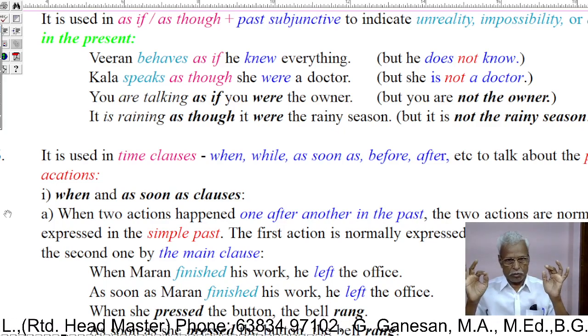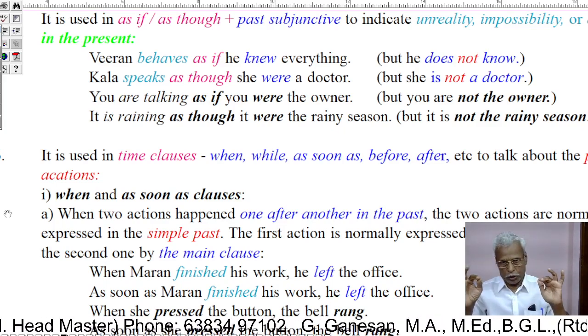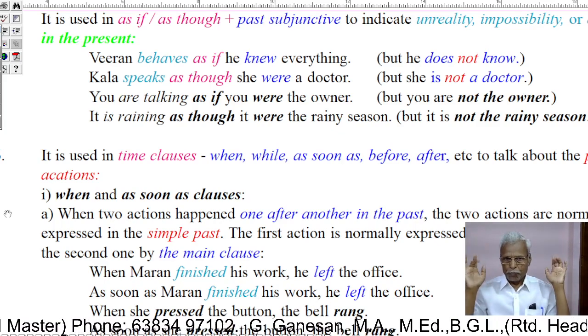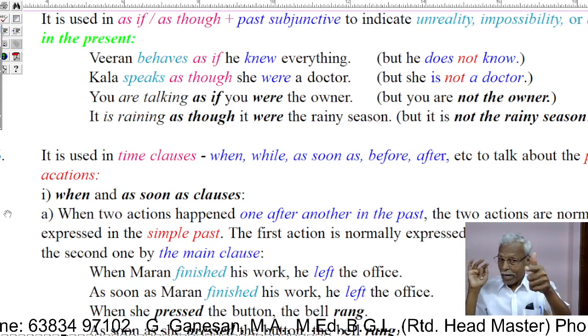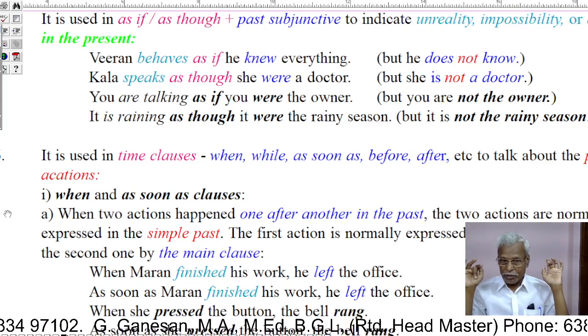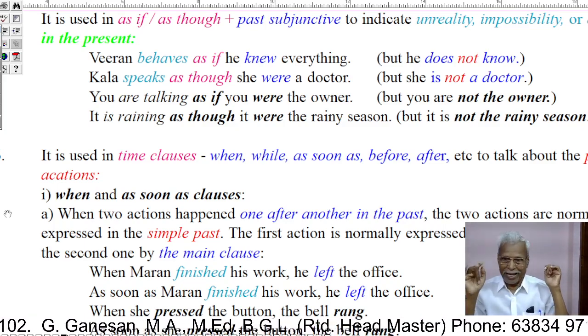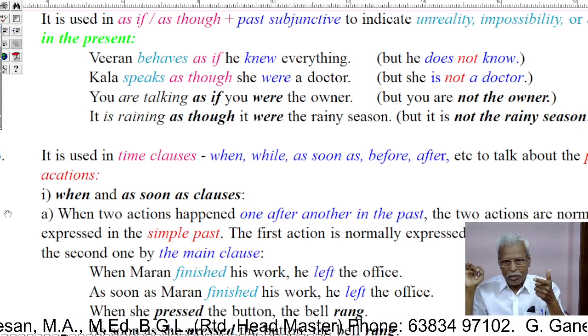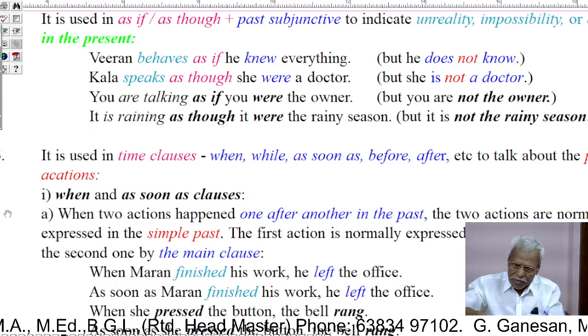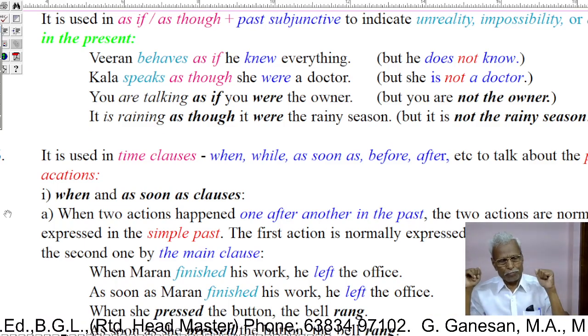Kala speaks as though she were a doctor, but actually she is not a doctor. You are talking as if you were the owner, but actually you are not the owner. It is raining as though it were the rainy season. Now it is not the rainy season. It is summer.